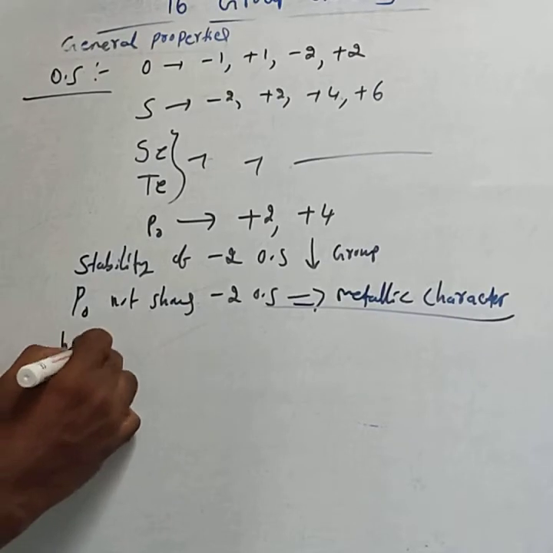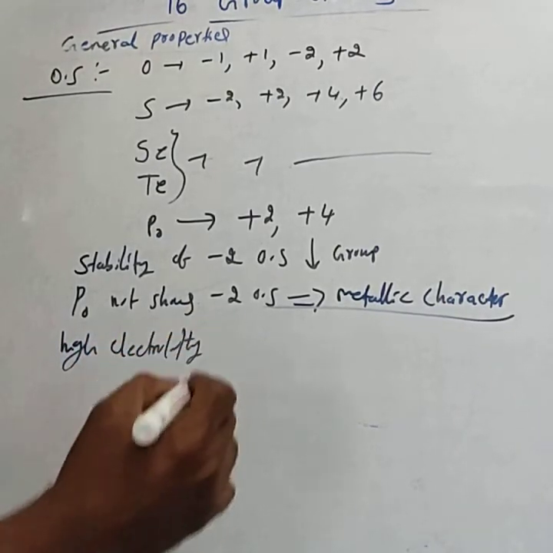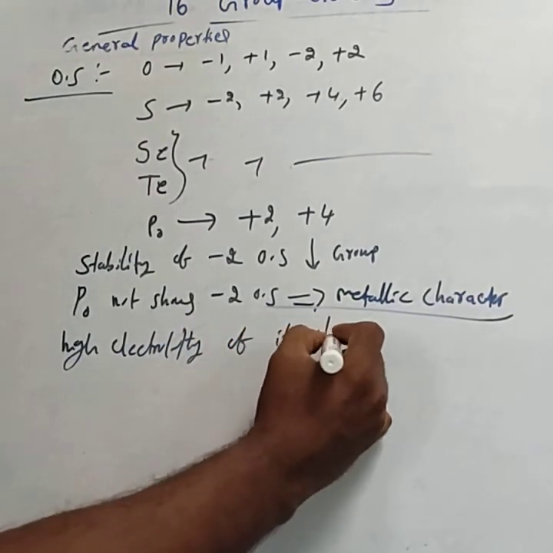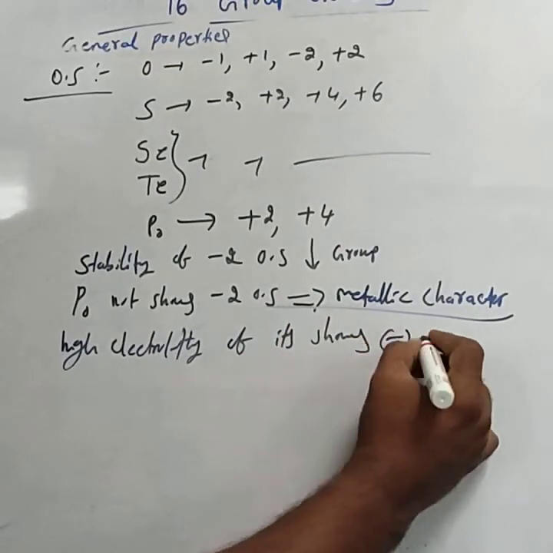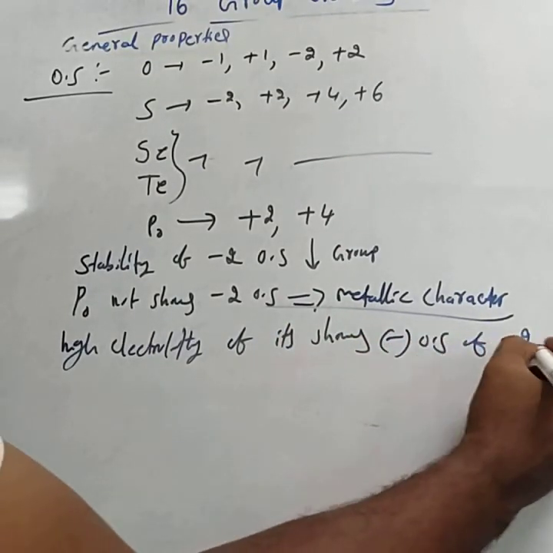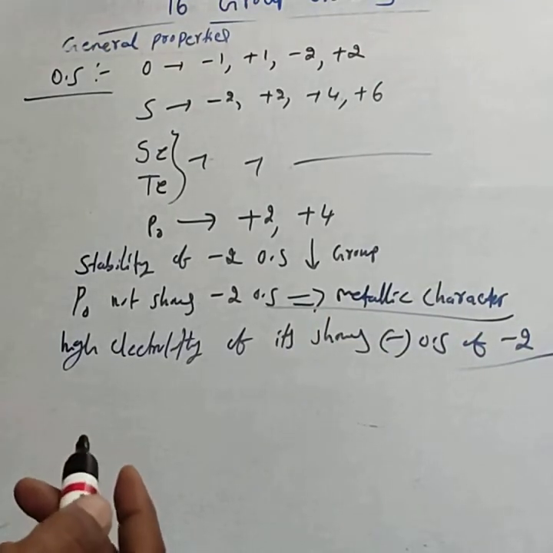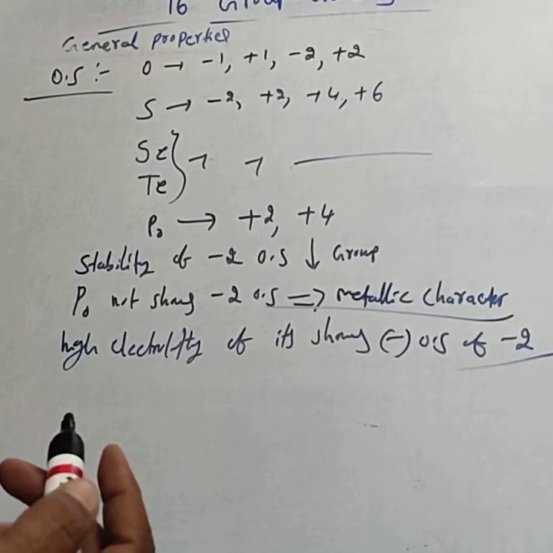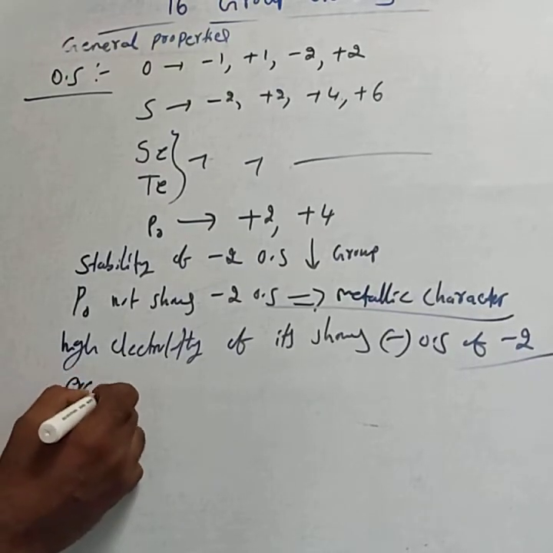Due to the high electronegativity of oxygen, oxygen generally shows the negative oxidation state of -2. Due to its very electronegative nature, oxygen always shows the negative oxidation state of -2, except in exceptional cases.